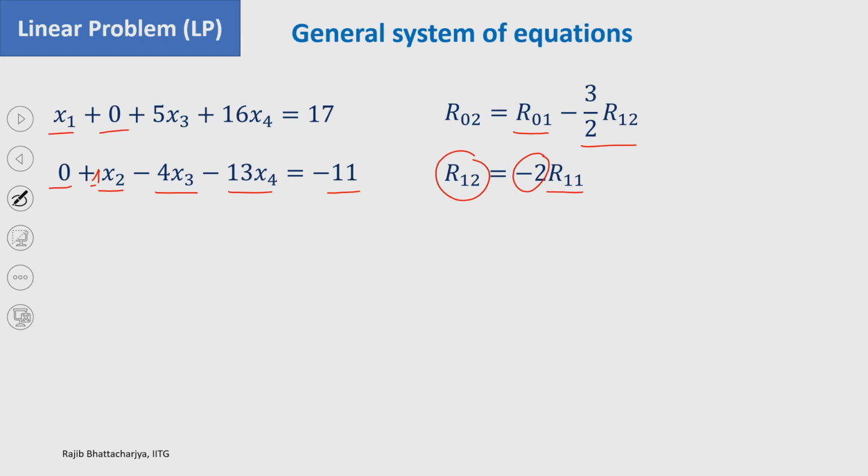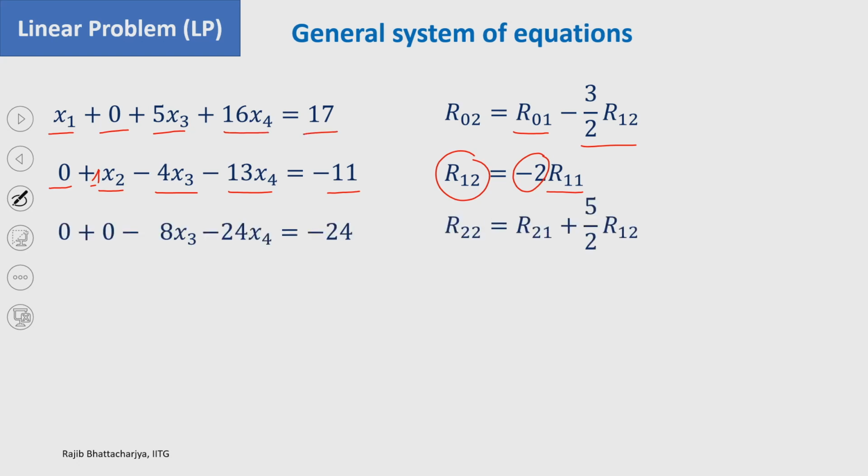So, now I am getting x 1 plus 0 plus 5 x 3 plus 16 x 4 equal to 17, and if I do R 2 2, which is equal to R 2 1 plus 5 by 2 R 1 2, then this is also 0 now, and this is already 0. So, now I am getting minus 8 x 3 minus 24 x 4 equal to minus 24.